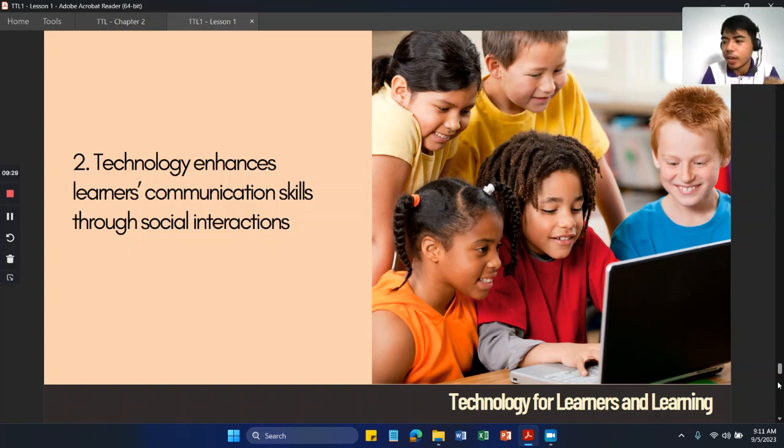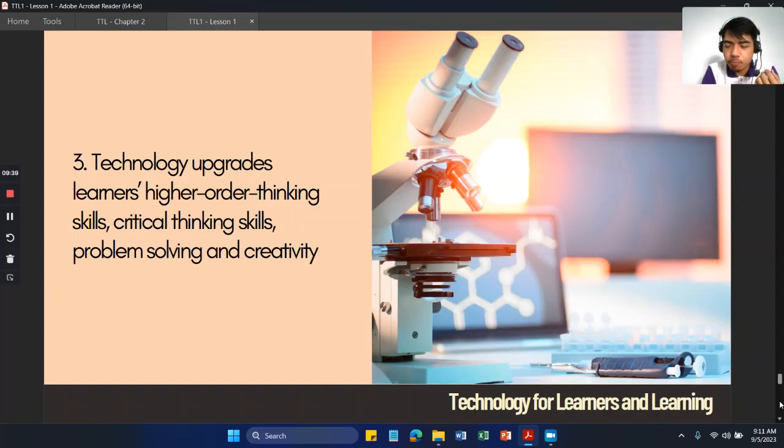Technology provided this concept. Okay, kaya nga po, even through social interactions, technology played a huge role pagdating sa bagay na ito. Then lastly, when it comes to technology for learners and learning, it upgrades learners' higher order thinking skills, critical thinking skills, and problem solving and creativity.